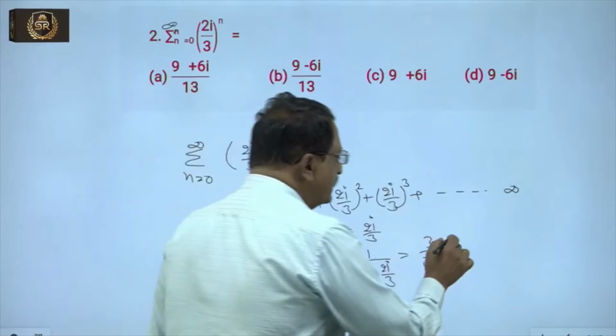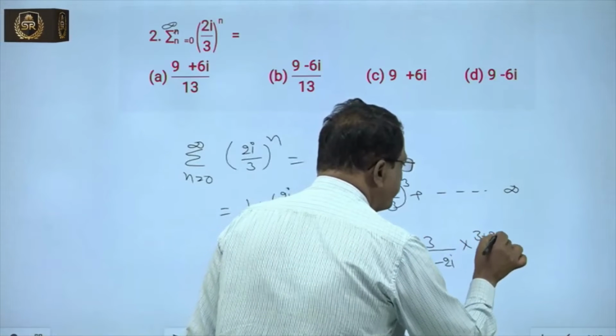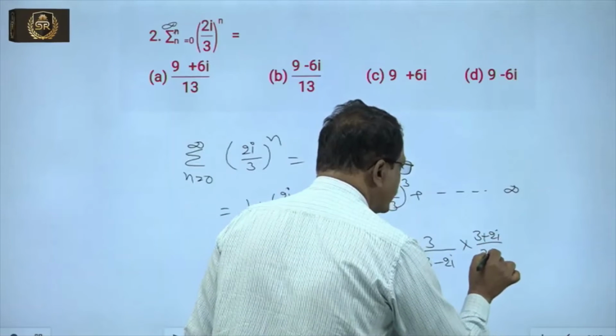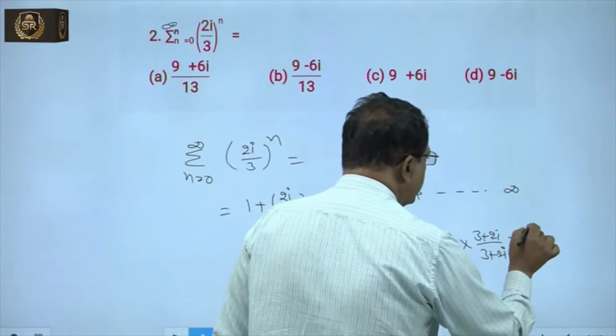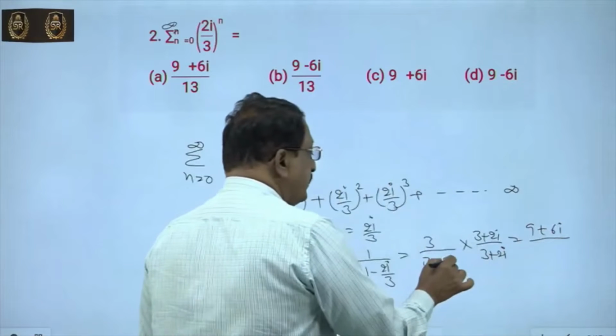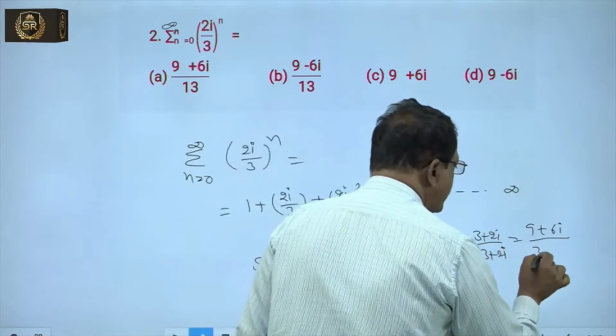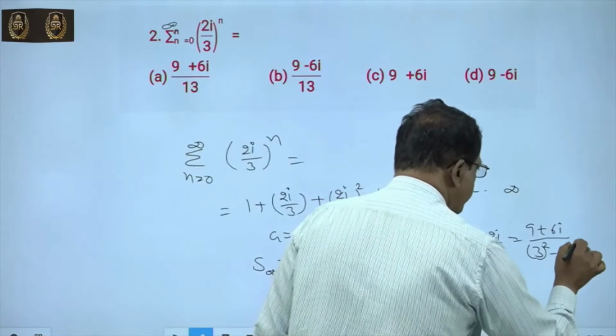Now multiply and divide by the conjugate of the denominator, 3 plus 2i by 3 plus 2i. That equals, we get 9 plus 6i by a minus b into a plus b, a square minus b square: 3 square minus (2i) whole square.